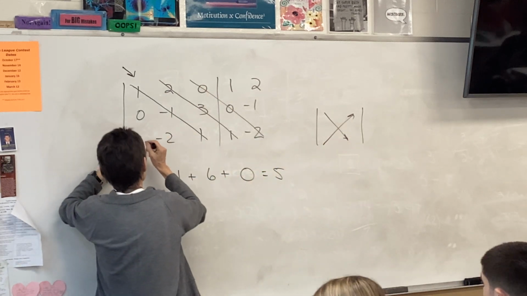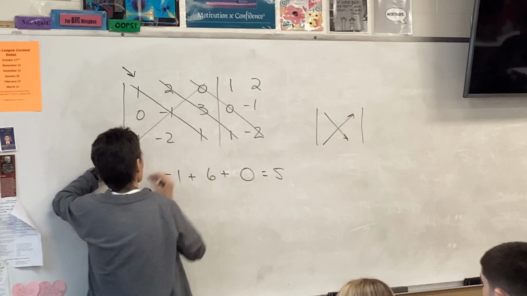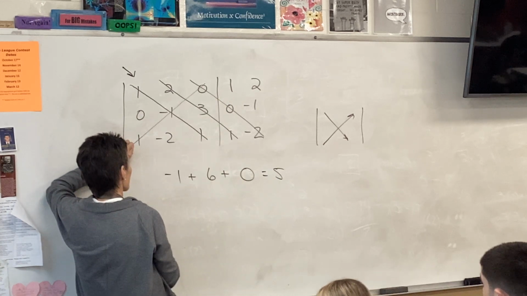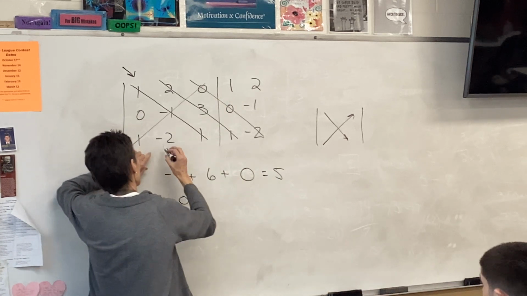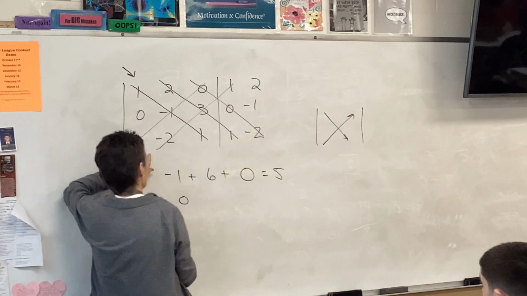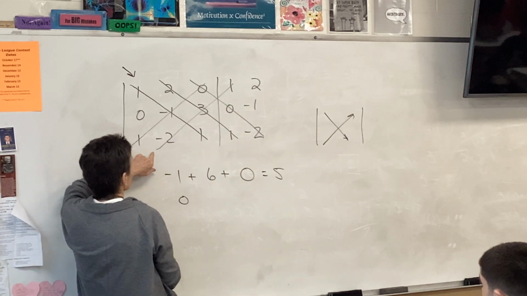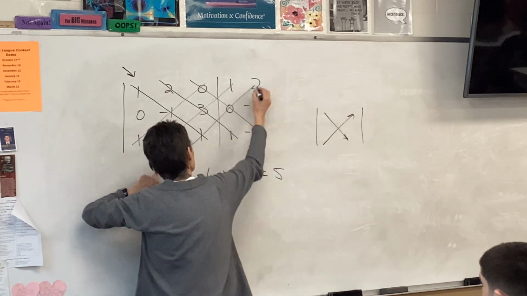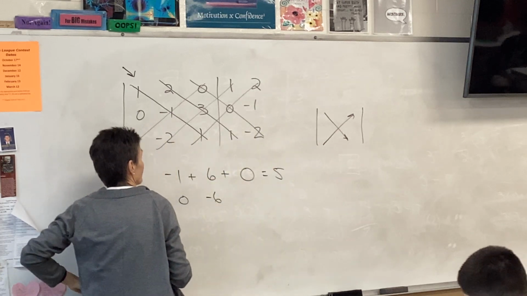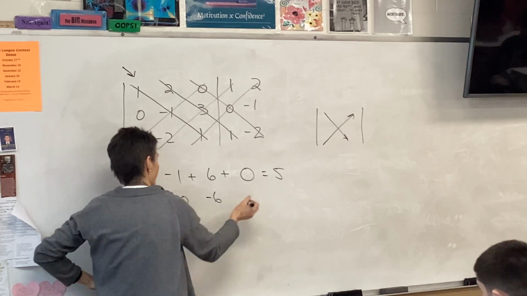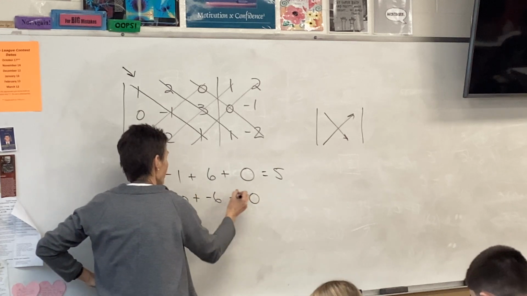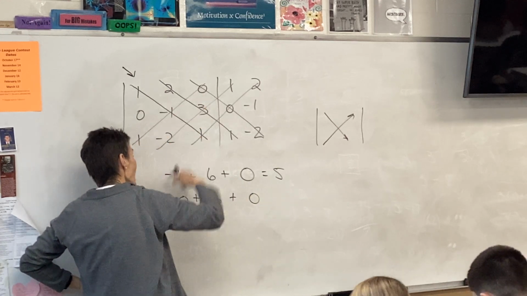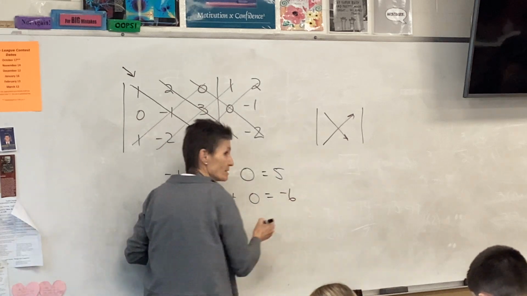So I'm going to multiply these three, what do I get? 0. And then I'm going to multiply these three, what do I get? -6. And then I'm going to multiply these three, what do I get? 0. So total those up, and all of that ends up being -6.